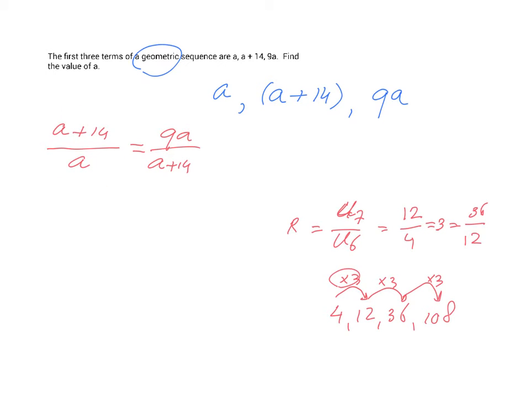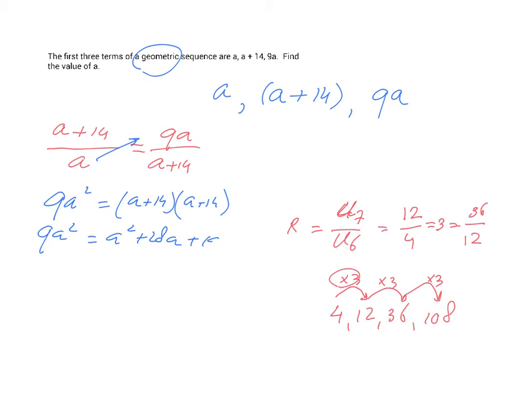Fraction equal fraction, you could cross multiply it, for instance. So we're going to get 9a squared equals (a plus 14)(a plus 14). And if we expand those brackets, we're going to get a squared plus 14a plus 14a, so plus 28a, plus 14 squared, 196. Well, that's a quadratic equation.